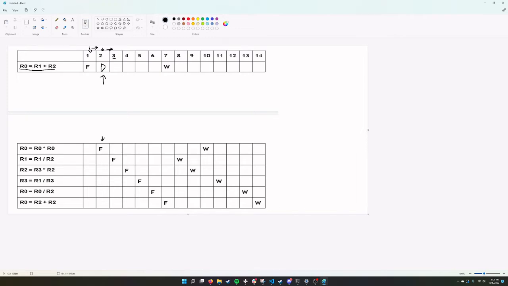In cycle 3, all the dependencies are resolved for this instruction, so we'll bypass the reservation station and begin execution. Since we're beginning execution, we're allowed to decode the second instruction, and since we're decoding it, we're allowed to fetch the third instruction. In the fourth cycle, we'll continue executing our add, and we will check to see, can we execute the multiply?